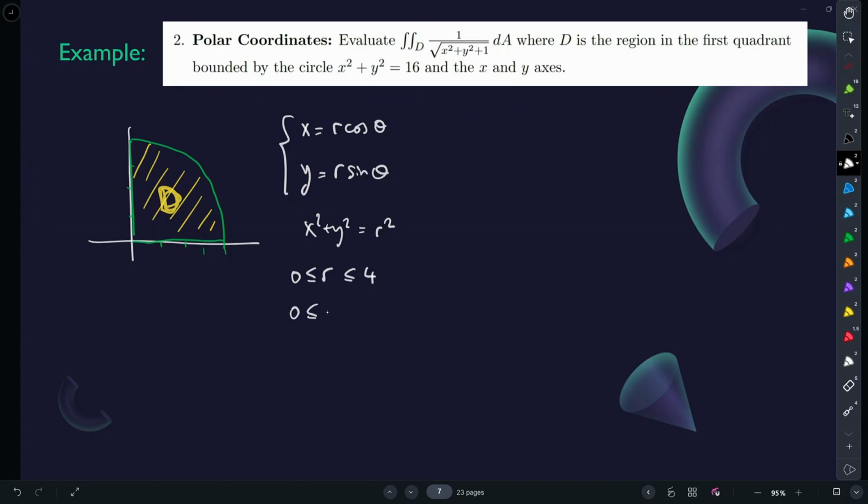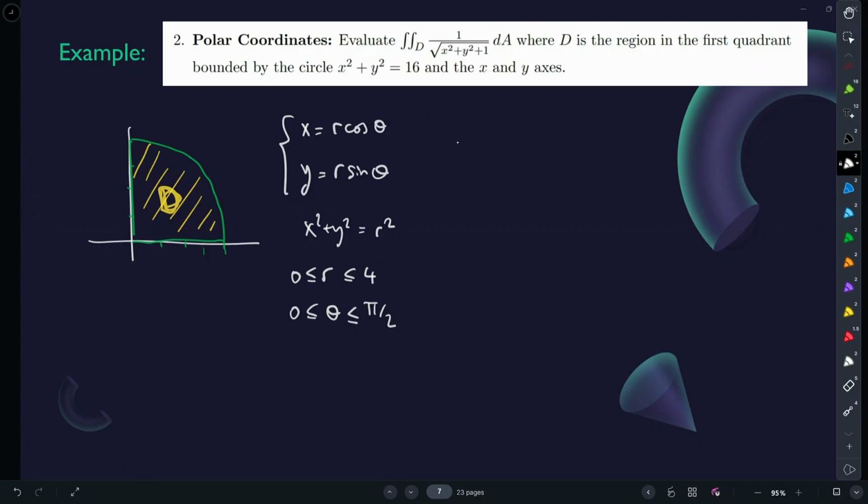What are the bounds for theta? Pi over 2, because we're only in the first quadrant, so the angle theta can only go up to pi over 2 because it's just a fourth of the whole range. So now I can just integrate.